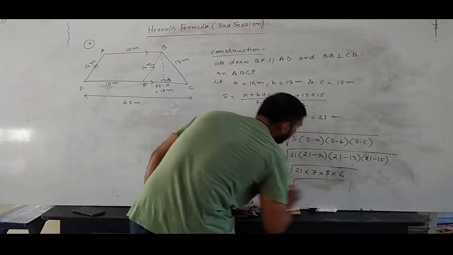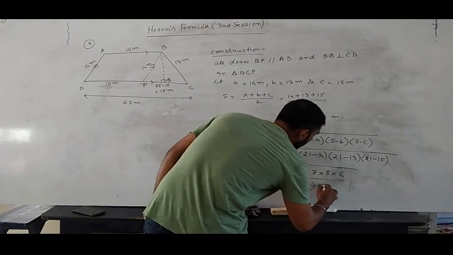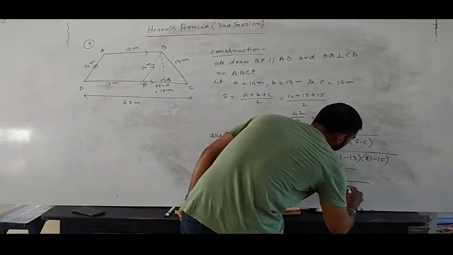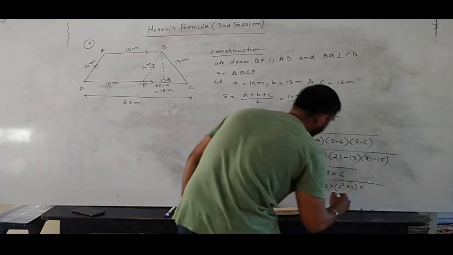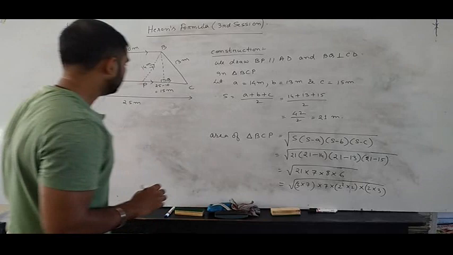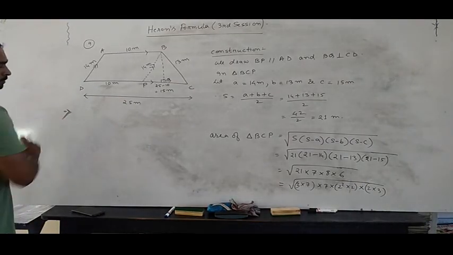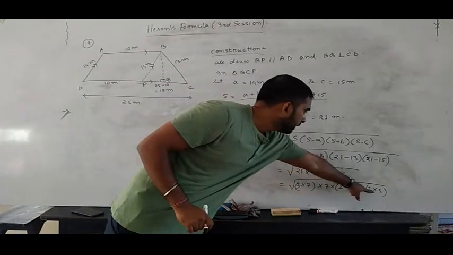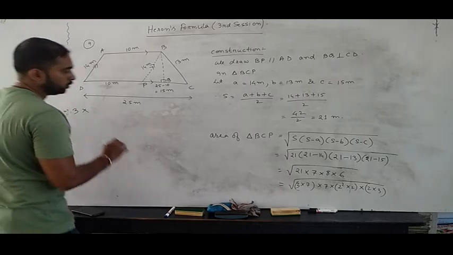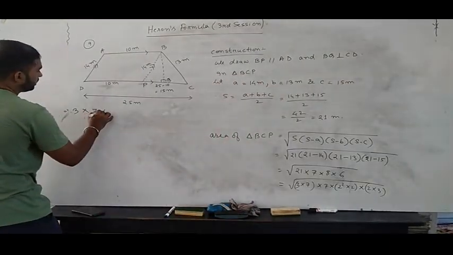After that, 21 means 3 into 7. 7 means 7. 8 means 2 square into 2. And 6 means 2 into 3. Equal, 3 into 3, that is 3 square. So it becomes 3 into 7 into 7, that is 7 square, it becomes 7.